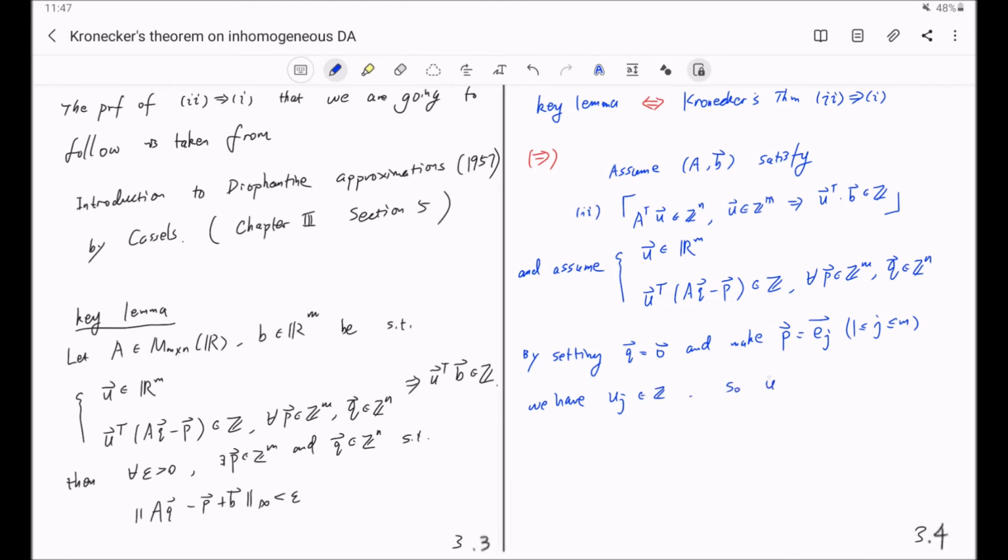So u is an integer valued vector in Zm. That verifies this part.